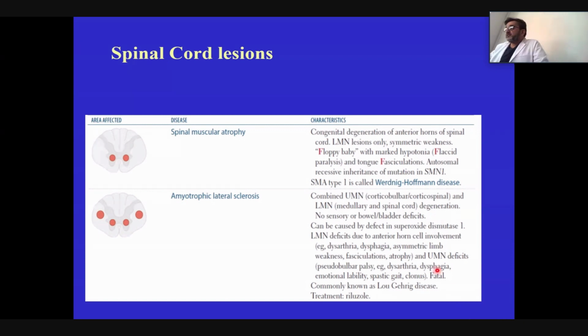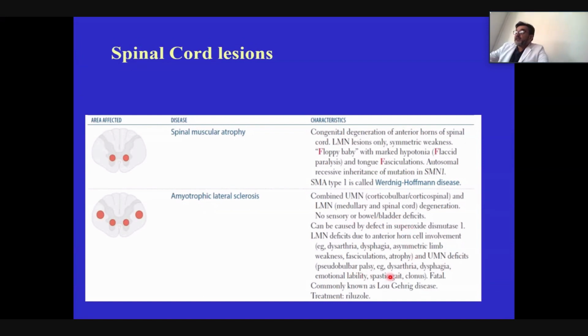In pathology, you would learn more about it: amyotrophic lateral sclerosis is not a mixed motor sensory disorder, it's a mixed motor disorder where you would find both upper motor neuron and lower motor neuron lesions with no sensory deficits, with no involvement of autonomic fibers. So that's why you do not find any bowel or bladder deficits.